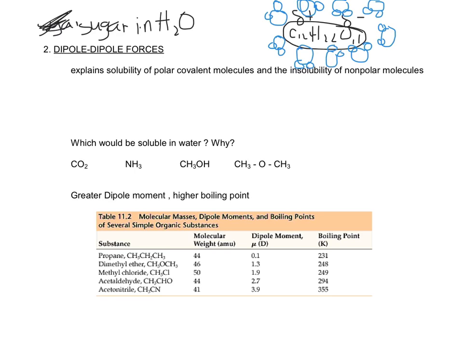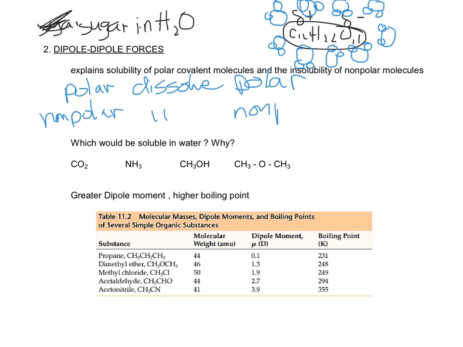So this explains the solubility of polar covalent molecules and the insolubility of non-polar covalent molecules, and that's what we used to call "like dissolves like." If you remember, polar substances dissolve polar substances, and non-polar substances dissolve non-polar substances.